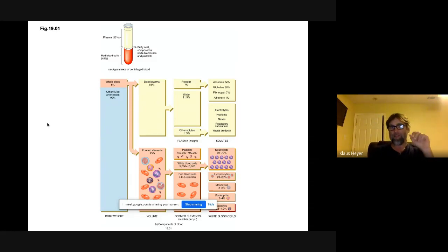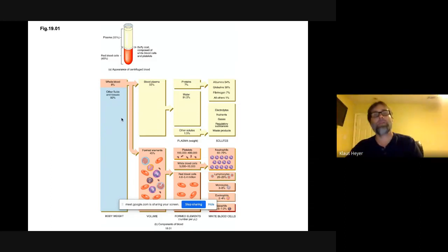Somebody who is dehydrated would have less plasma, because about 92%, 91% of plasma is water. If you have less water in your body, you're going to have less plasma, so the percentage of plasma versus formed elements shifts, and you're going to have a hematocrit much higher than you would expect.